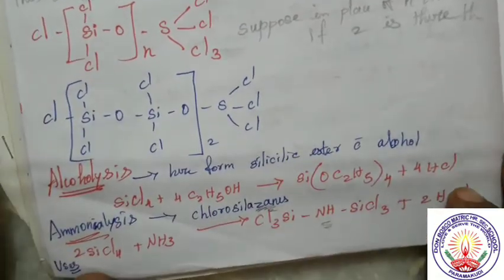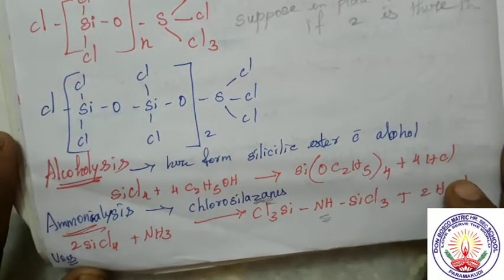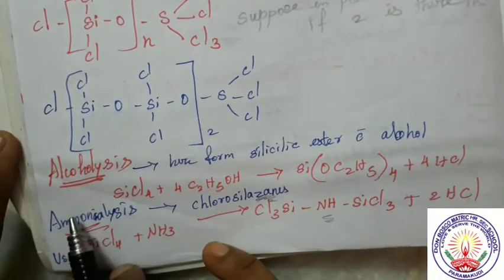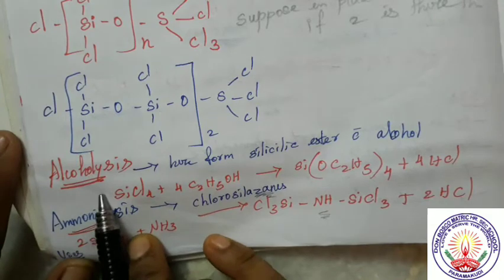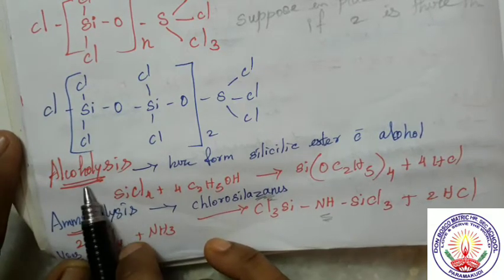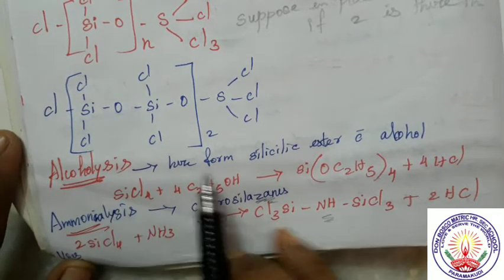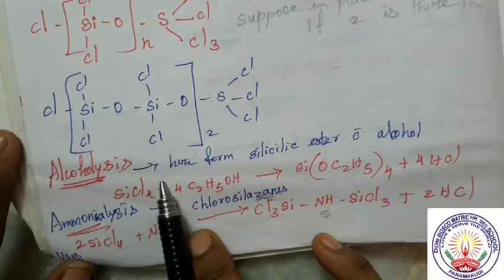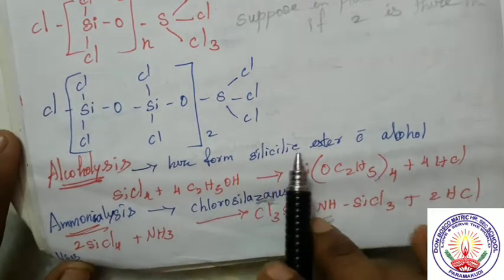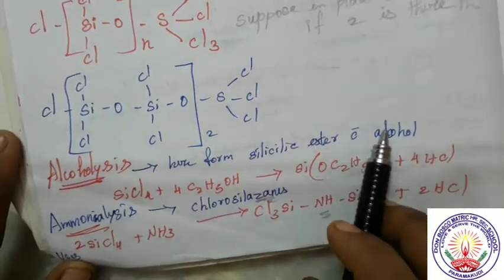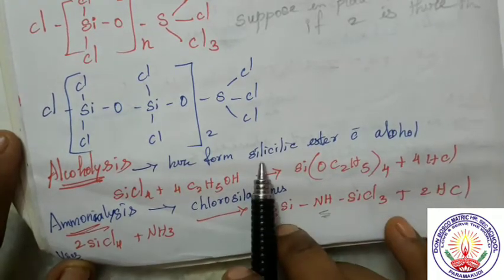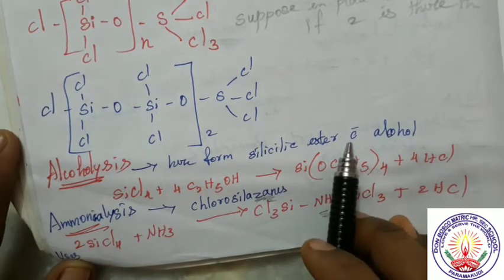Next, this silicon tetrachloride can be alcoholized. When it is treated with alcohol it forms silicic ester.